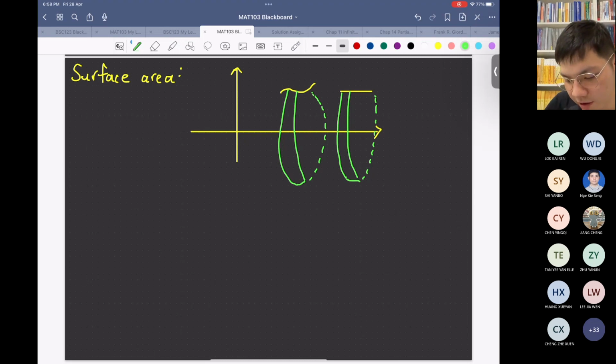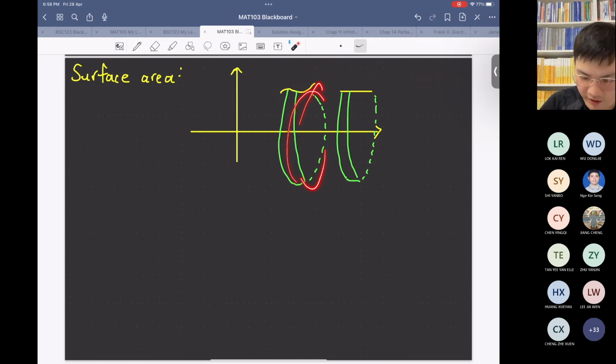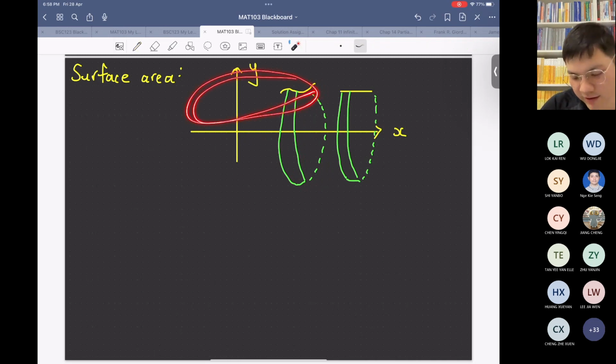Note that our curve can be quite curvy, so you can go all the way you like. You take this curve and then revolve it around the x-axis. Similarly, you can revolve around the y-axis, but let's talk about the x-axis first.